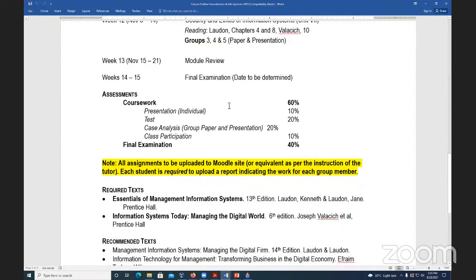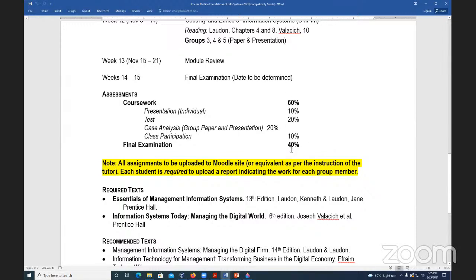And so the assessments for this course, by the way, the semester ends November 20th, which is a Saturday. I just put this on there. And the 14th week, I think December, whatever date, the next 2 weeks, all final assessments must be done by. The course has a final exam, which is 40%.